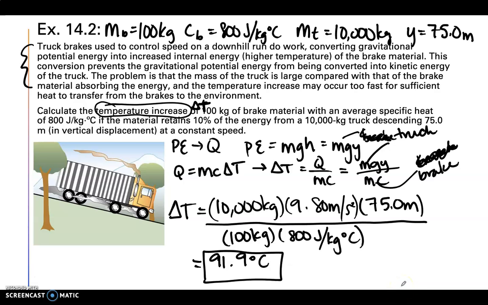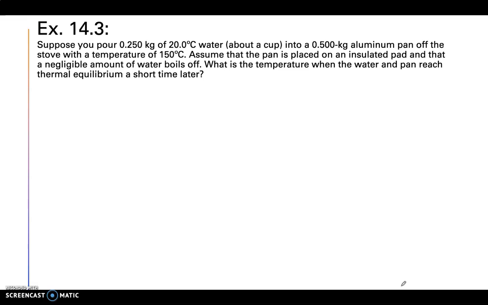All right. So that was that question. Now let's go ahead and move on to one more. Suppose you pour 0.25 kilograms of water at a temperature of 20 degrees Celsius into a 0.5 kilogram aluminum pan, off the stove with a temperature of 150 degrees Celsius.